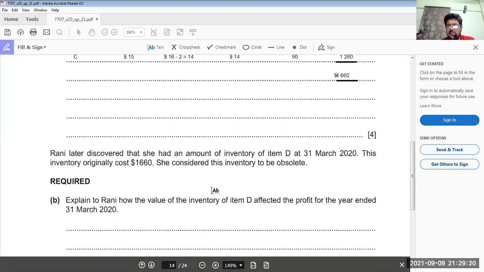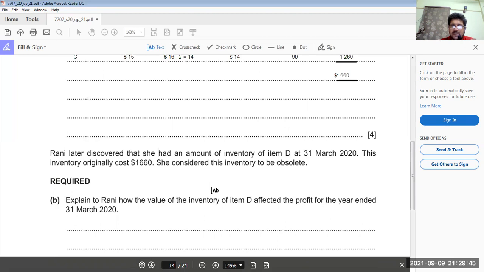It means now we have to tell Rani that she has to keep the value of this inventory at 0 because NRV is 0. Are you getting my point clear? We have to exclude this item, we have not included it in the amount of closing inventory.